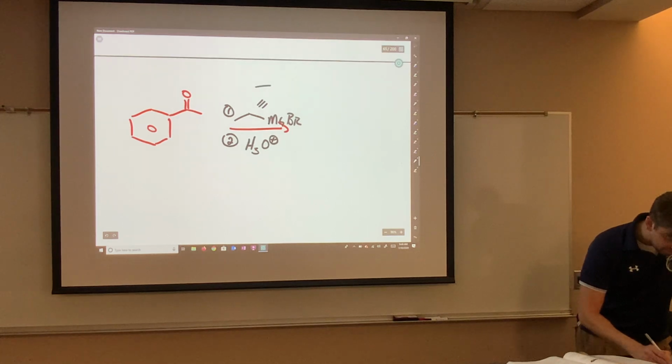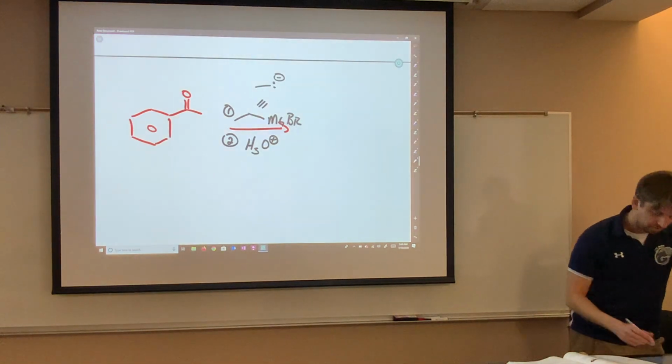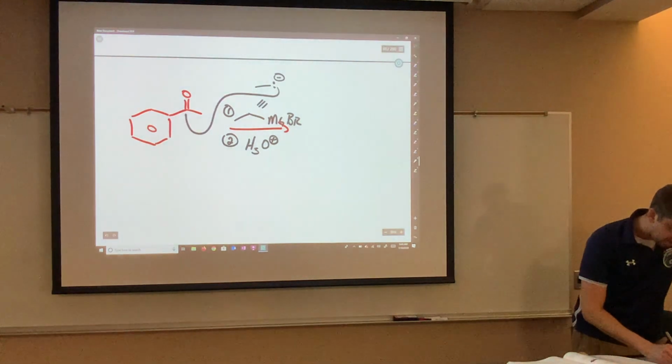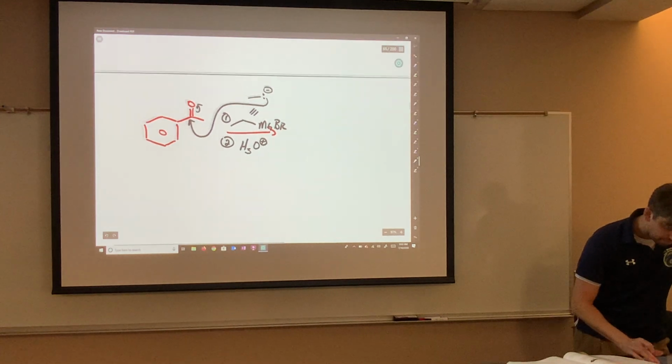This is just equivalent to a carbon with a lone pair and a negative charge. That's all it really is equivalent to, so we will just use that. We attack at the carbonyl carbon, we kick that up. Let me zoom out here, give myself some space.